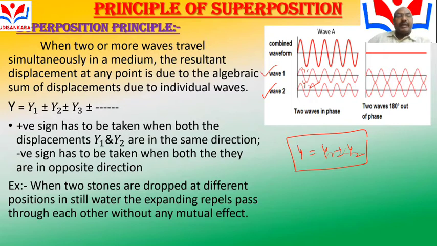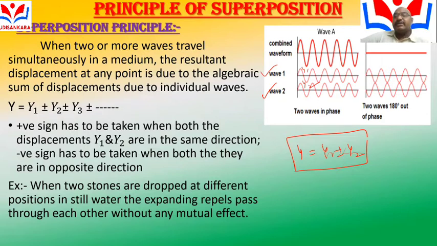The positive sign is taken if the displacements y1 and y2 are in the same direction; the negative sign is taken if they are in opposite directions. When two stones are dropped at different positions in still water, the expanding ripples pass through each other without any mutual effect. That is the superposition principle.